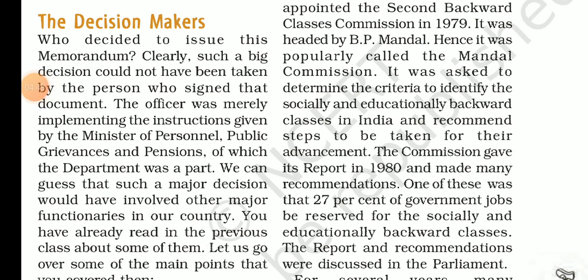The decision makers. The major decision involves some major functionaries of our country. First, President, second, Prime Minister, and third, Parliament.